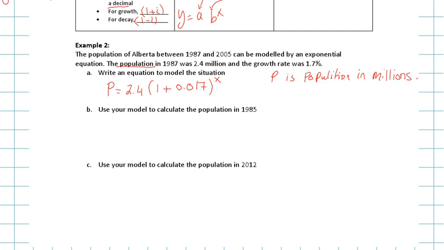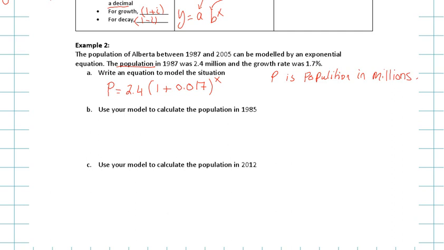So the population of Alberta between 1987 and 2005 can be modeled by an exponential equation. The population in 1987 was 2.4 million and the growth rate was 1.7%. So if I plug in, what would I be plugging in for X? Time, which is what?